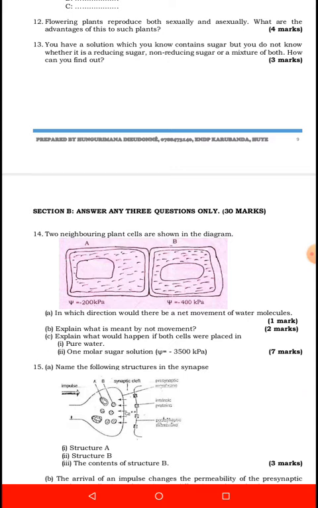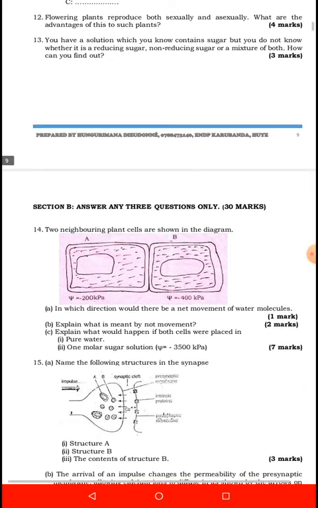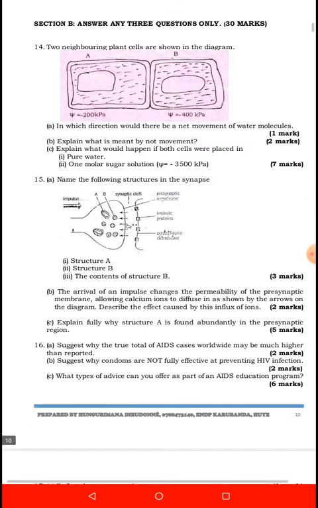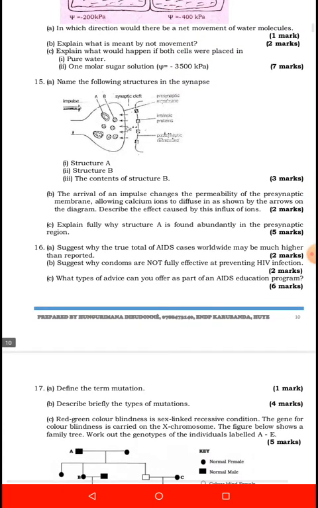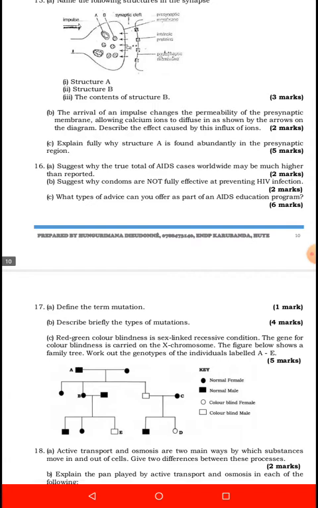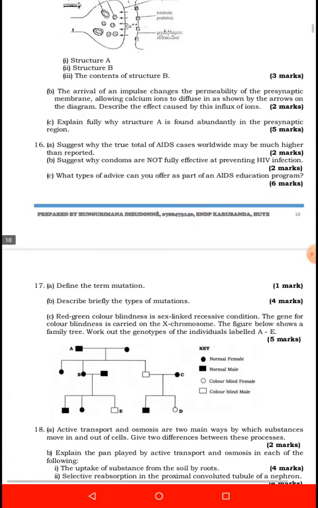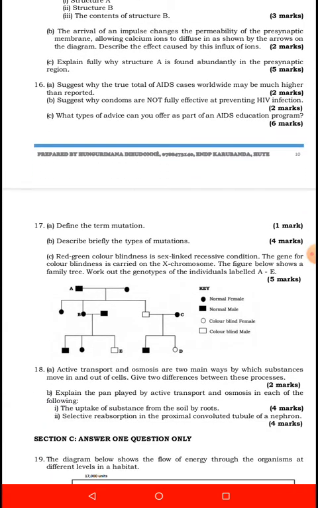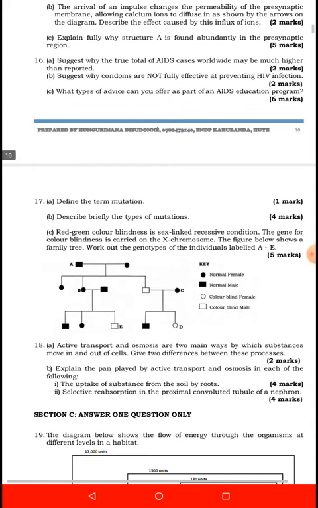Neighboring plant cells are shown in diagrams A and B. In which direction would there be a net movement of water molecules? These are the questions.